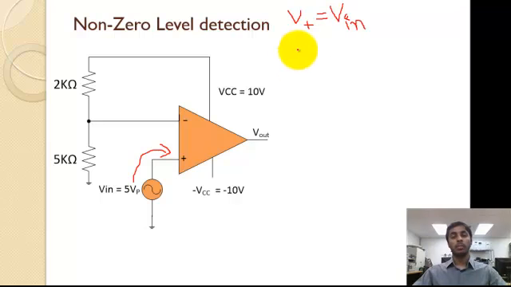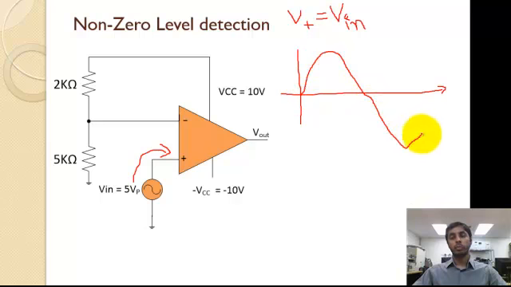That input signal is a sine wave which is applied to the V positive terminal. Again, the peak of the signal is 5 volts, and on the negative axis, the negative peak is -5.